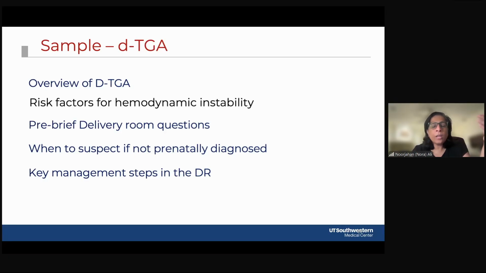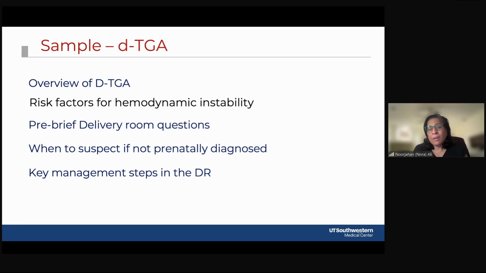And then when we go into the delivery room, there are these key questions that we always ask: gestational age, how many babies, etc. But there should also be specific questions for when we're going to a delivery of a heart baby. And we talked about it in our modules, what to ask.